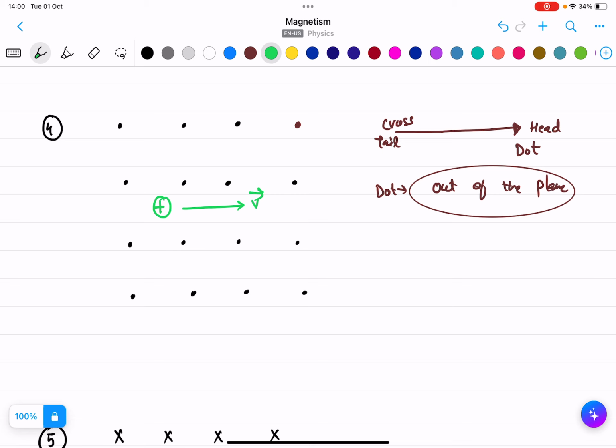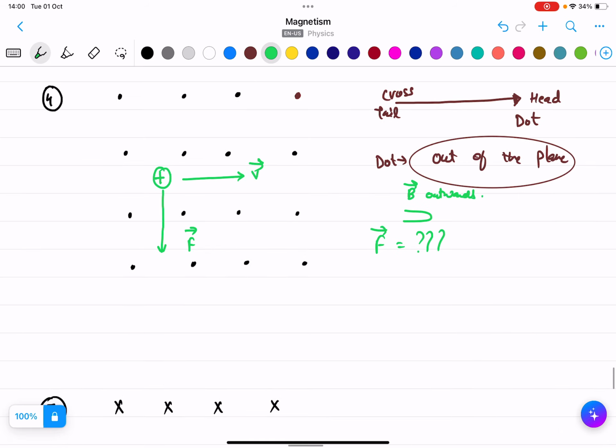I cannot show you on this paper, I can only show you when you visualize it. But B is going outwards and the thumb will go in this direction. Then where will be your force? So force will go in the downwards direction. Okay, so this is the direction when the field is out of the plane.